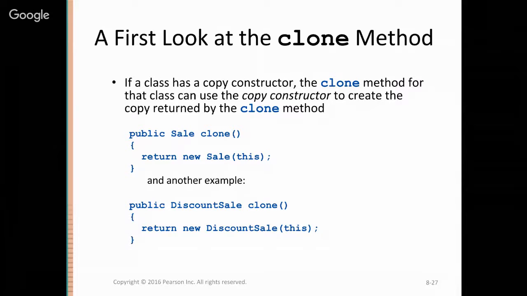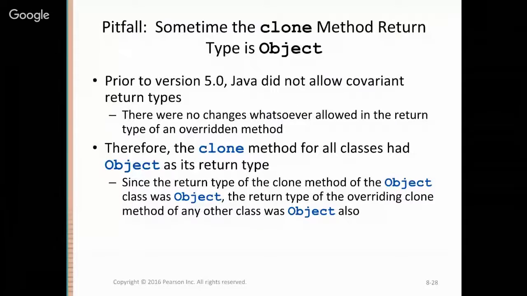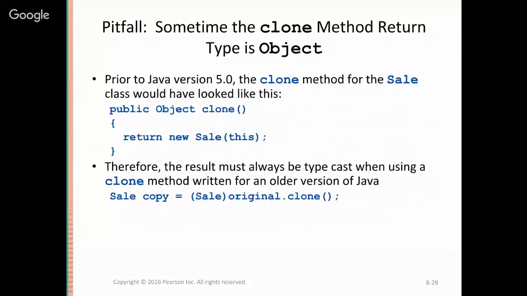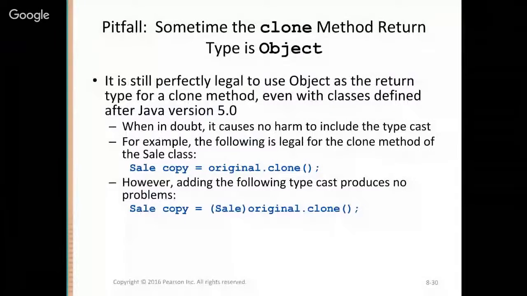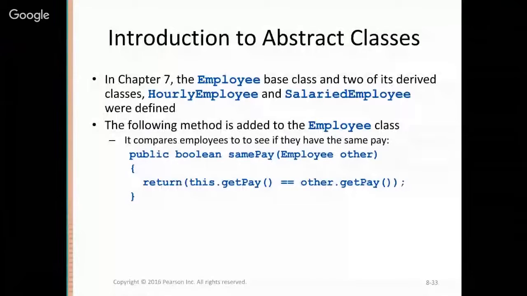It will cast this to a sale type or discount type in the clone. Right, so before Java 5, you could only return an object, and now you can return other types as well. So that's the discussion about polymorphism.